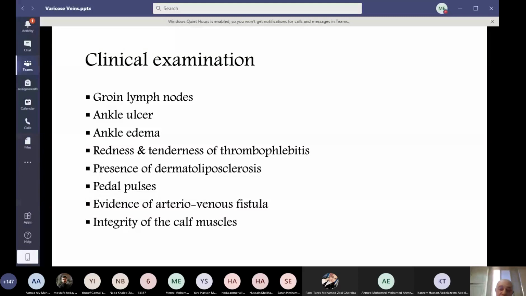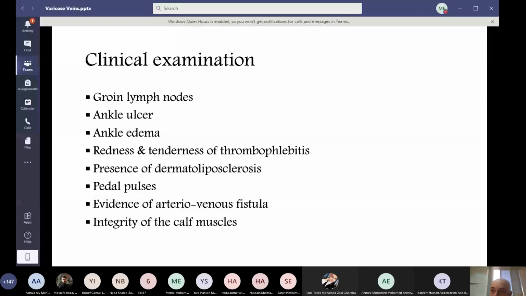Complications such as thrombophlebitis of these varicose veins could be seen as redness and tenderness. We should see if there is dermatitis or sclerosis. We should check for the pedal pulses of the patient or the presence of an arteriovenous fistula.